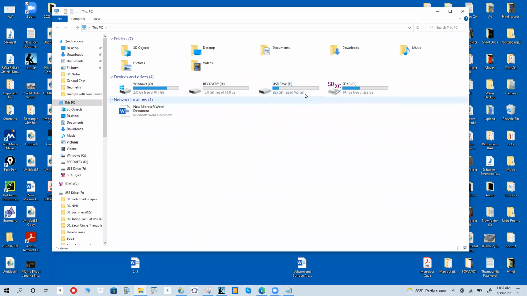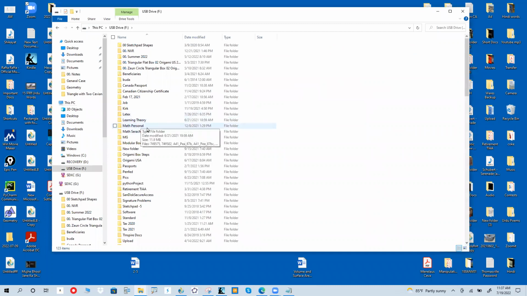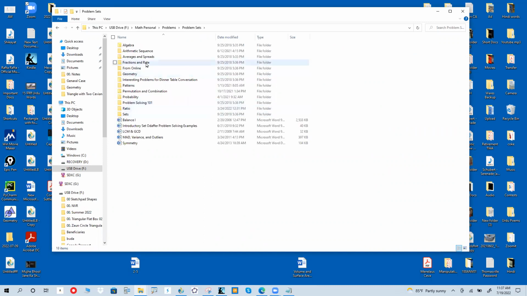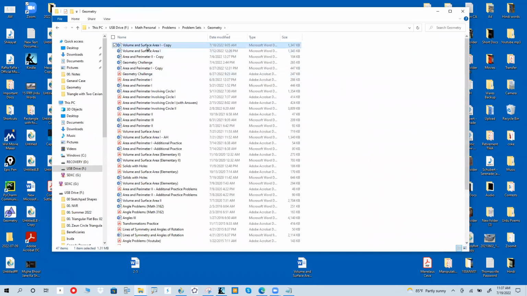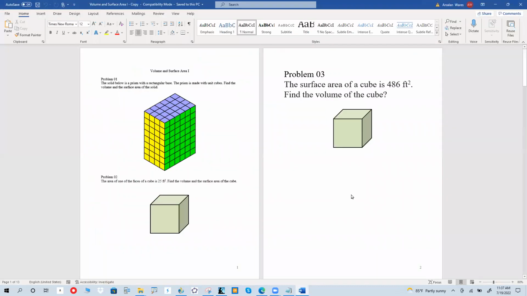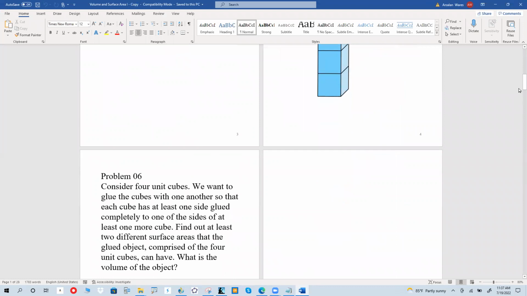I don't see anybody here yet. I'm going to continue working on the packet. And volume and surface area 1 is what we were working on. Let's see how far we have done.